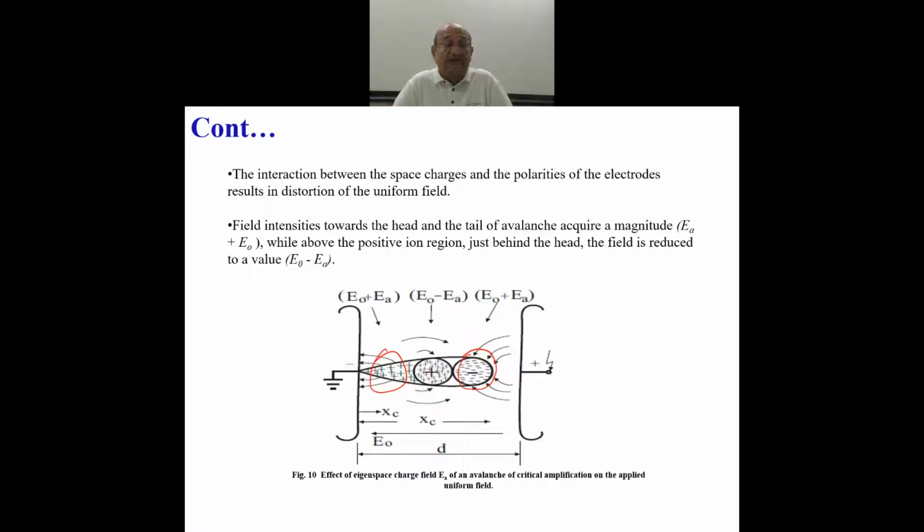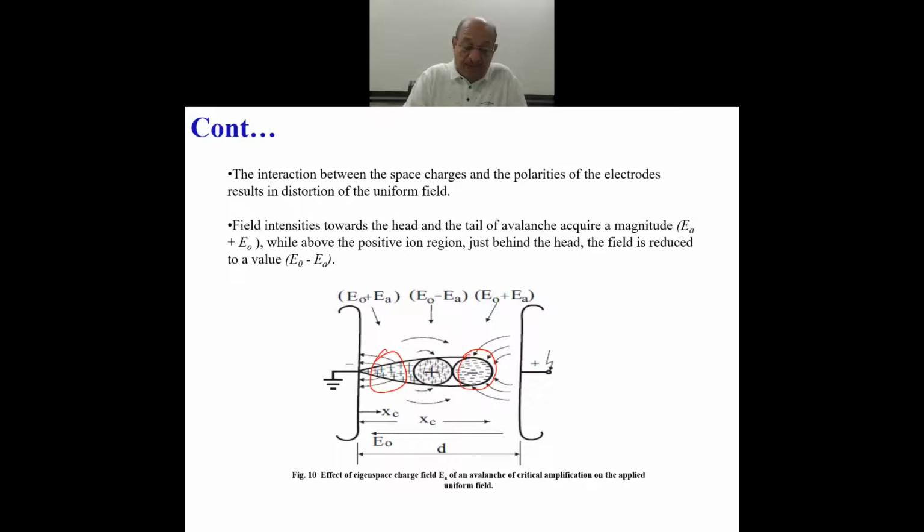That means when like polarity potentials come in contact, the resultant field is lesser, and when the opposite polarity potentials of the charges come together, they enhance the field. So this is a very well-known phenomenon which has been studied, and if you want, you can study that from the books.